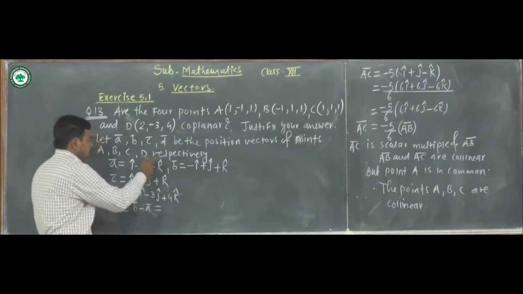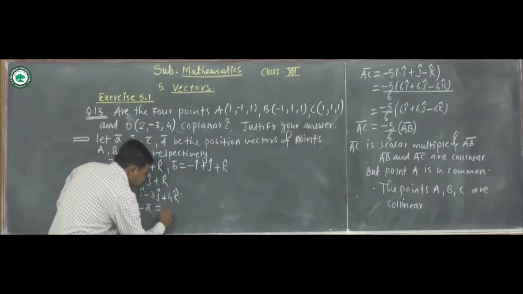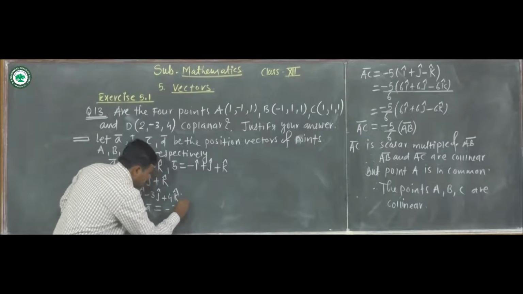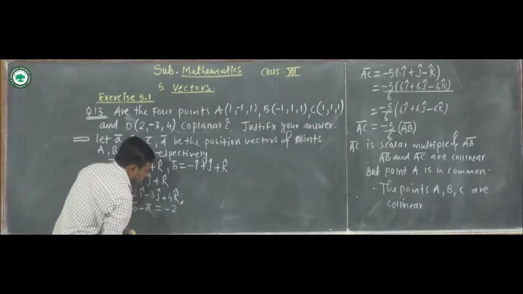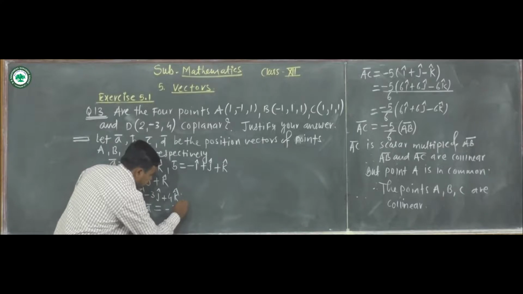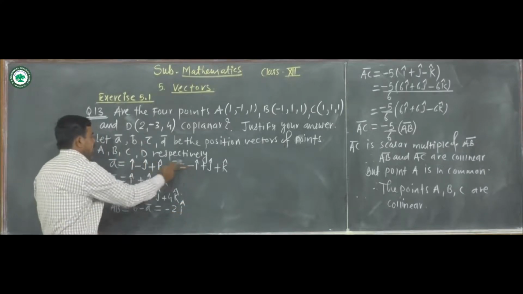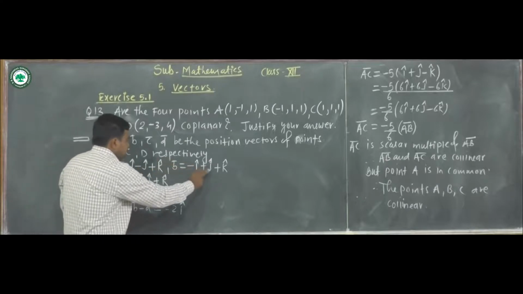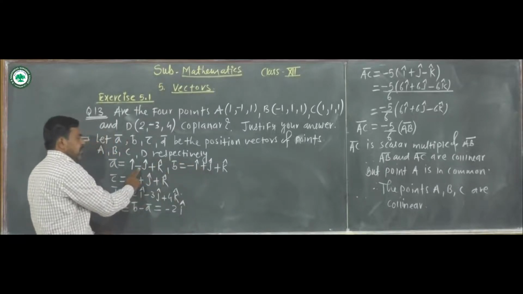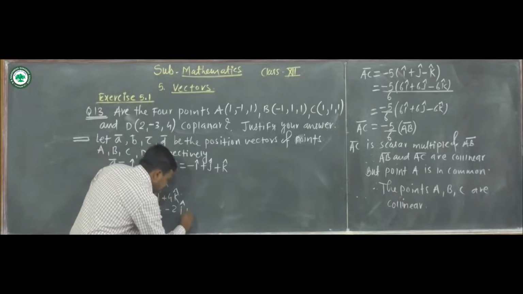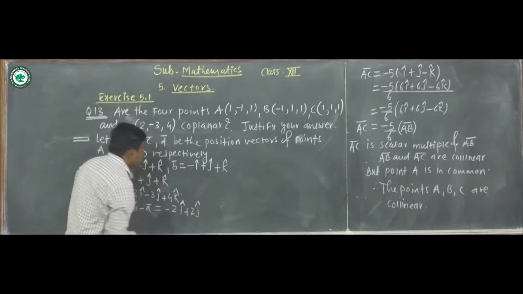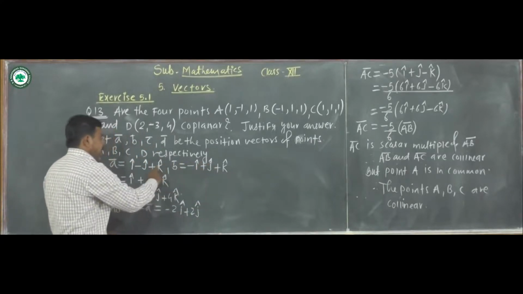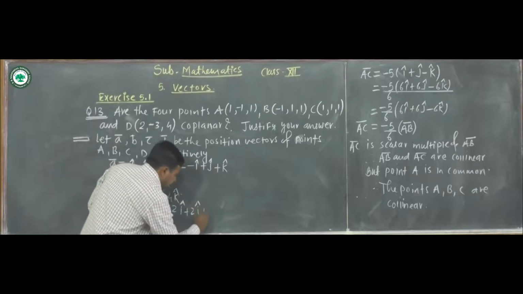So minus 1 minus 1, it is minus 2 i cap. Minus i cap minus i cap, minus 2i cap. j cap, minus minus becomes plus, j cap plus j cap, 2j cap. k cap minus k cap, 0 k cap.